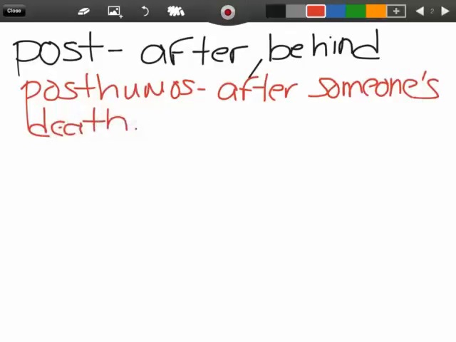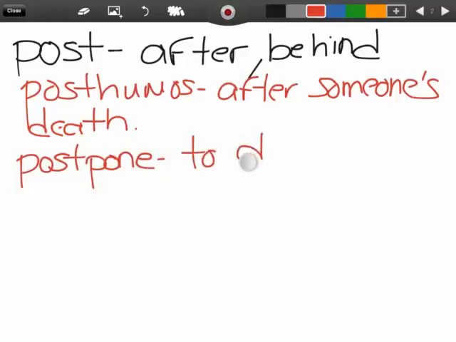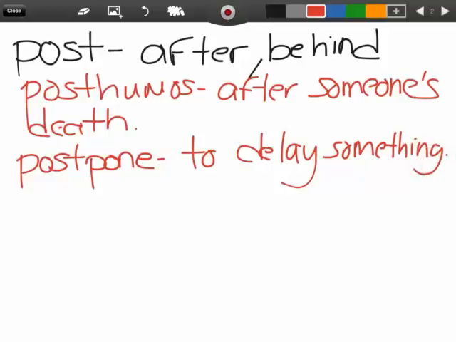My second example is postponed, and that means to delay something. I'm going to use postpone in a sentence.